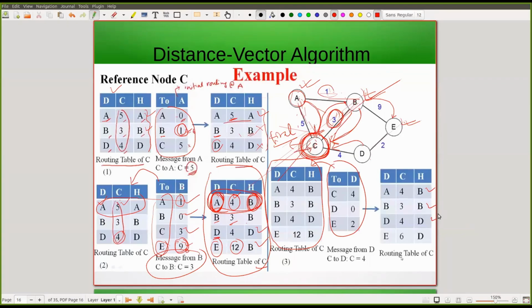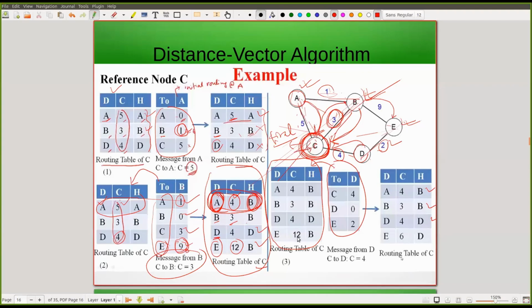Let's look into E. What is the cost of going from D to E? The cost of going from D to E is 2. So if I calculate the cost of going from C to E via D: the cost of going from C to D is 4, plus 2, so the cost of going from C to E via D is 6.